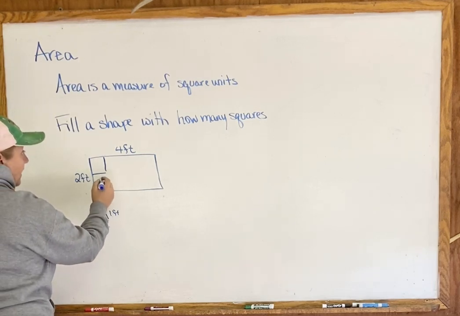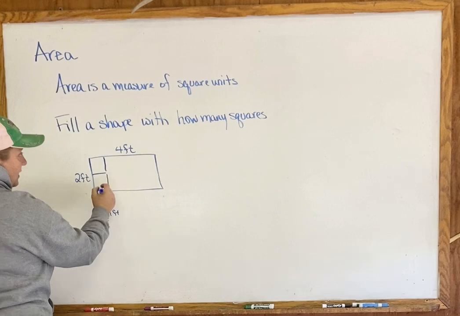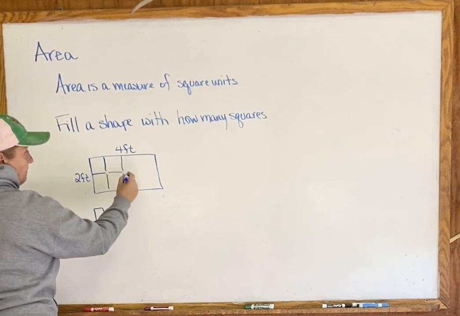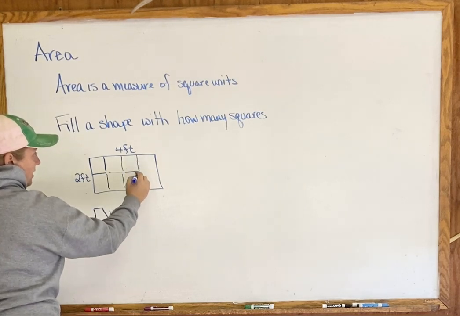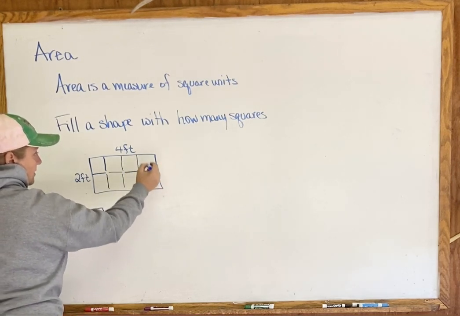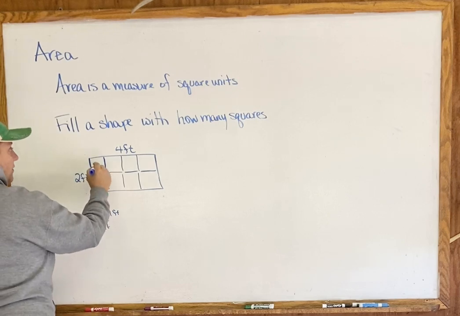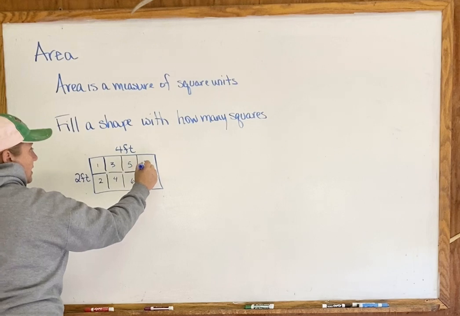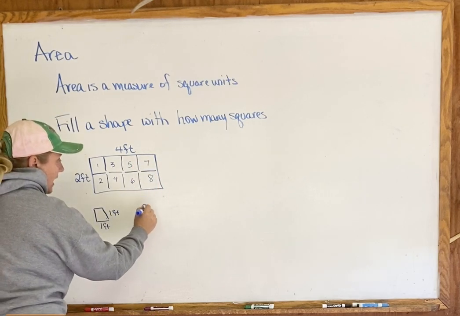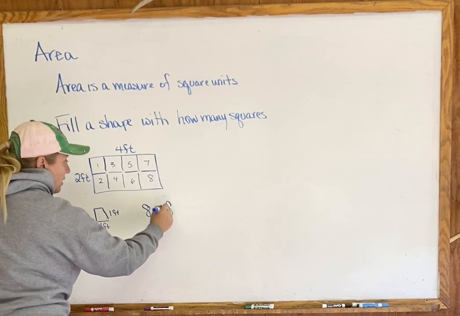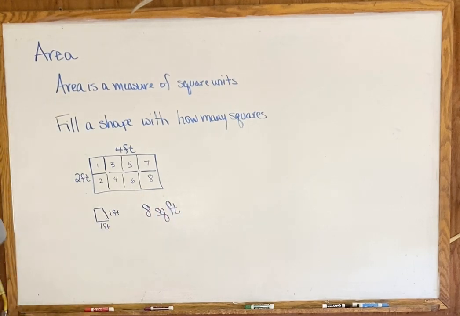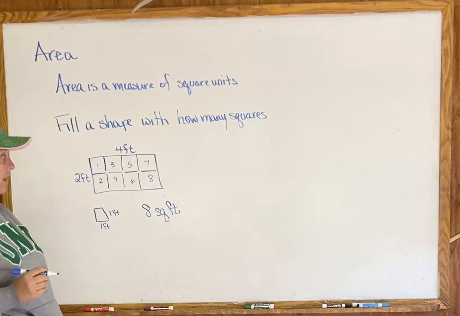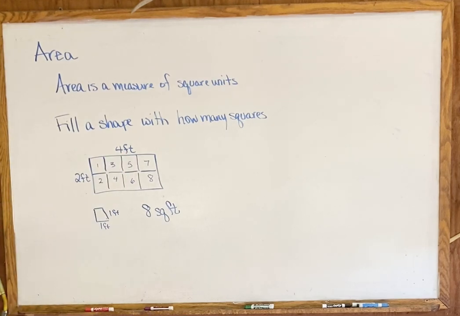It's not going to be perfect, but there's 1 square, a 2nd square, 3rd square, 4th square, 5th square, 6th square, 7th and 8th. So we figure out that there are 8 square feet. We tell them what the units were on that. So we filled this box with 8 square feet.